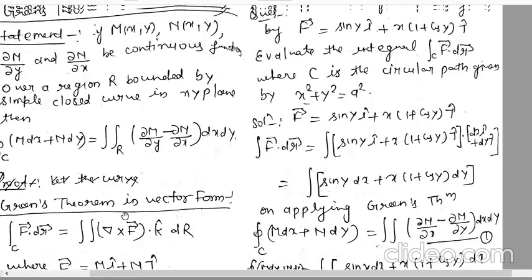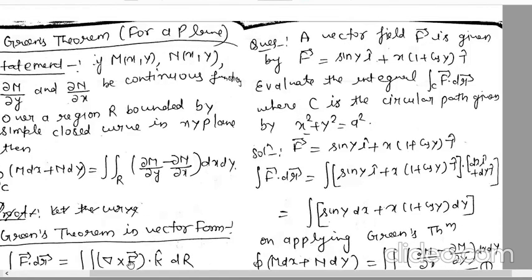There is an example related to Green's theorem. A vector field F vector is given by F = sin y i cap plus x(1 plus cos y) j cap. Evaluate the integral over C of F vector dot dr vector, where C is the circular path given by x square plus y square is equal to a square.